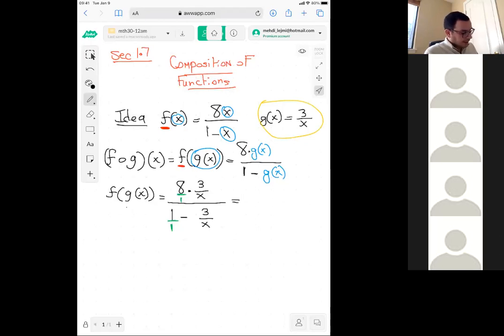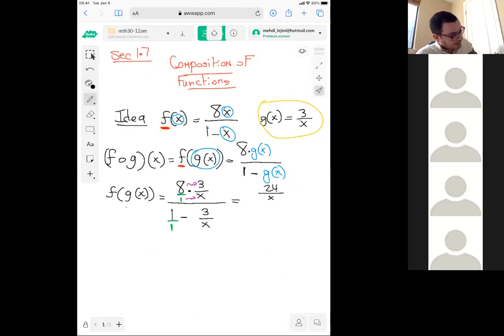Then you multiply this 8 over 1 by 3 over x, straight across. 8 times 3 is 24, and in the denominator, 1 times x is x. So that's 24 over x.